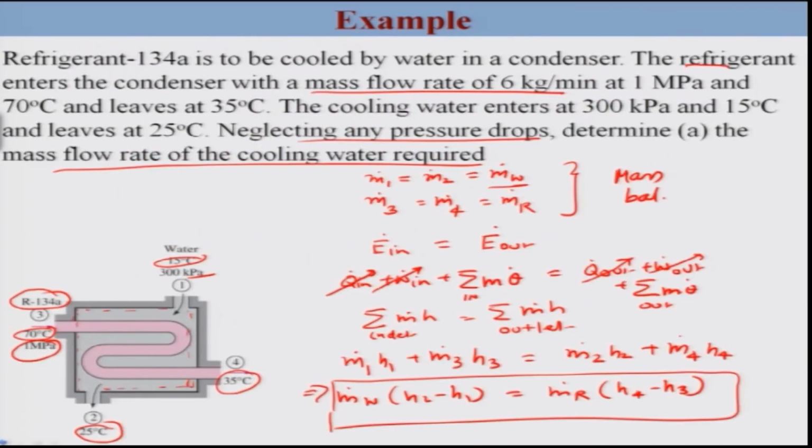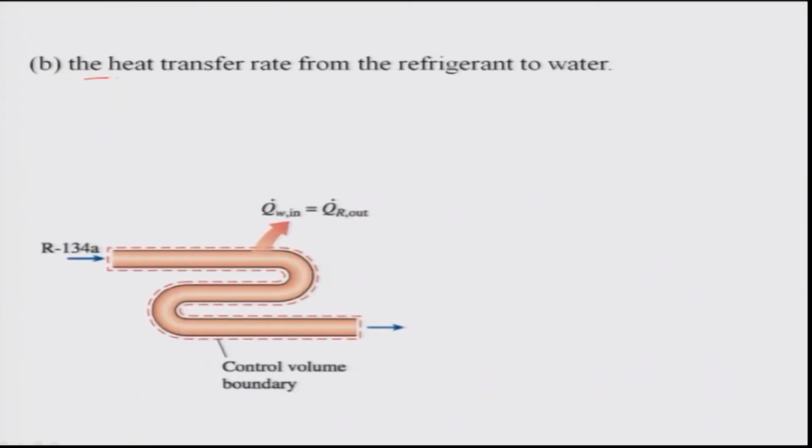So that was the question which we wanted to solve. You can also try to find out the effective heat transfer in this system by taking a specific control volume. So you can also try to solve this problem of heat transfer rate from the refrigerant to the water by applying a simple energy balance. So for this specific case, you can write your QW in.